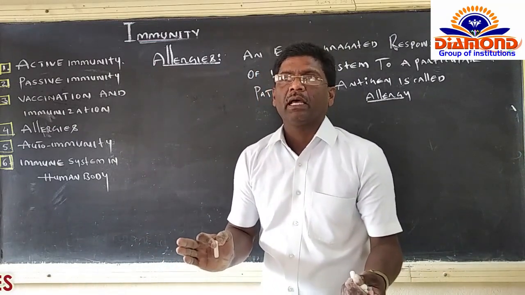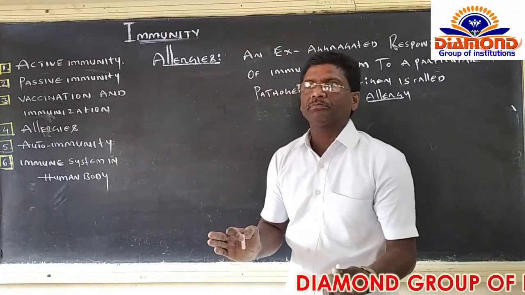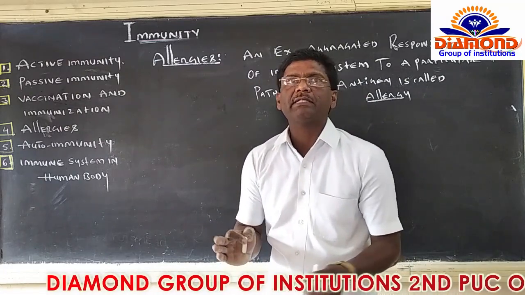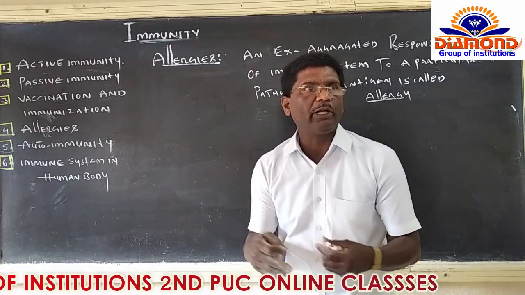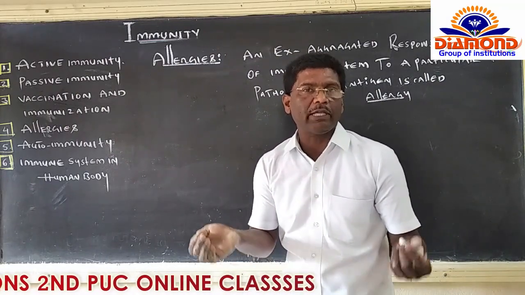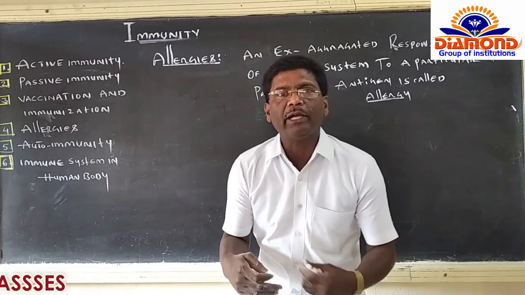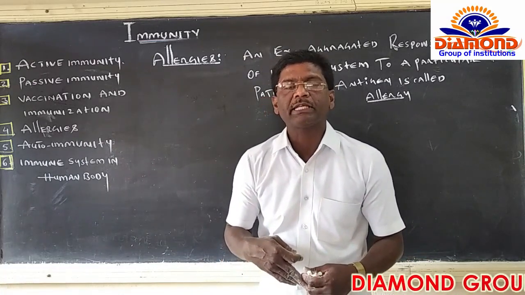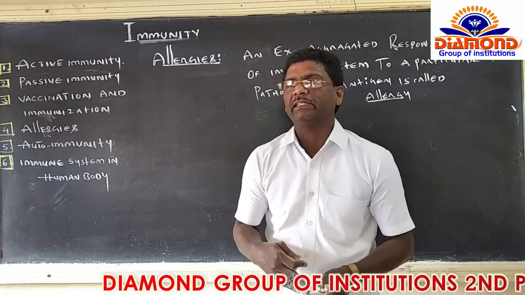Number two is some pollen grains smell, some insects smell, and some non-vegetarian food materials smell. So when we breathe, or when our body receives such things, our body reacts very hypersensitively. Such a phenomenon is called allergy.